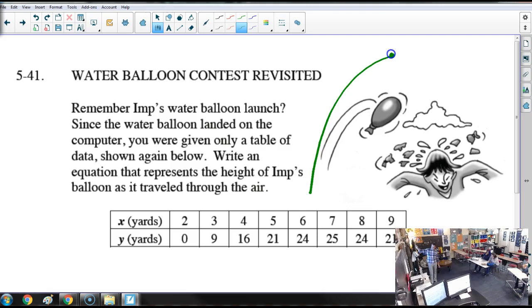This point is where? 7. This distance was how far? 5, right? So we go another 5, to 12, and that's our other zero.